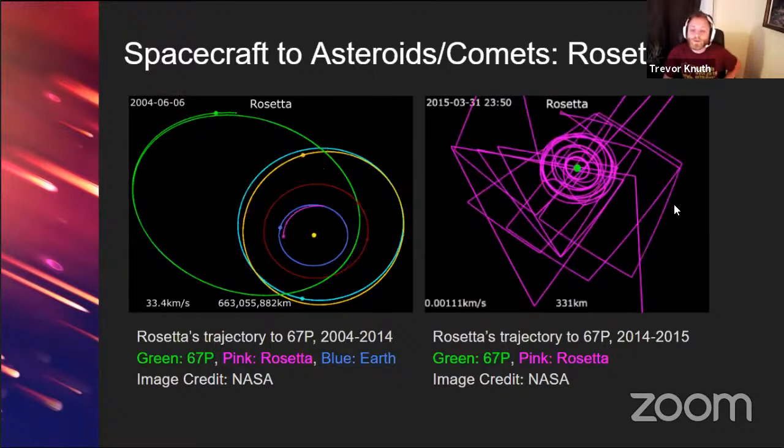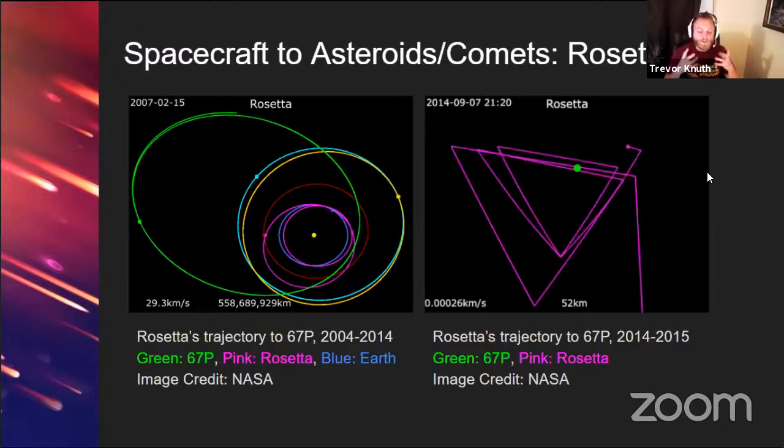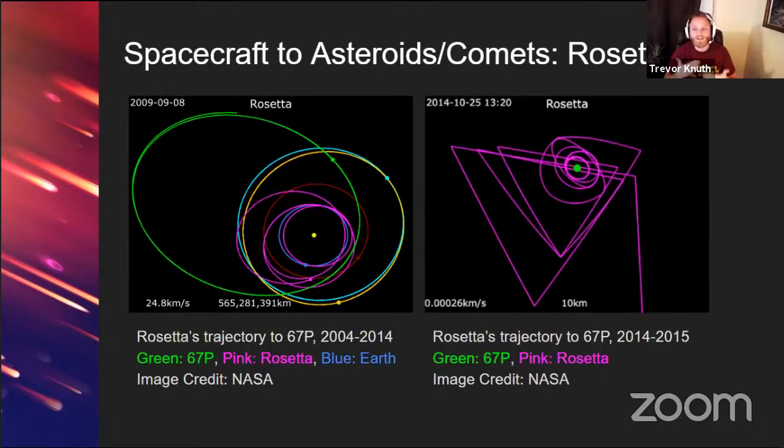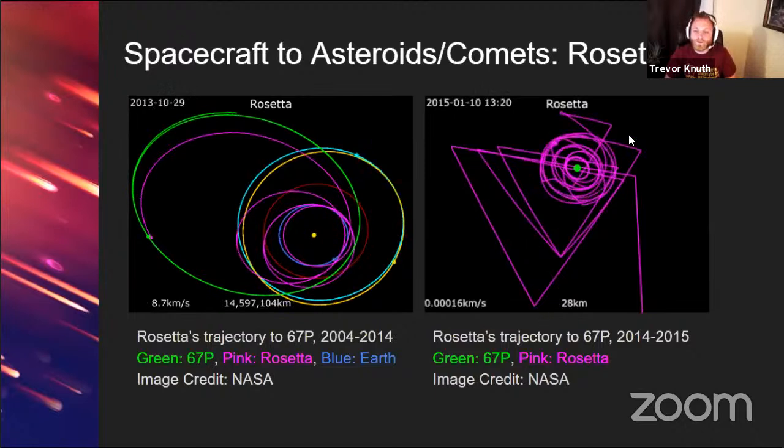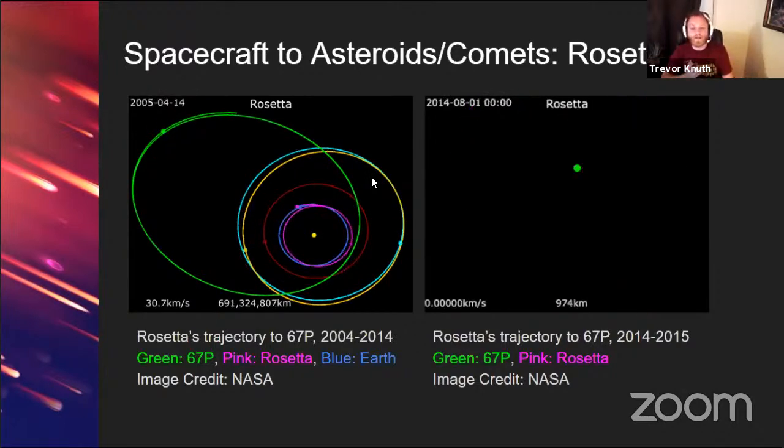As it approached the object, because these are, again, not super massive things like planets, you have to use things like propulsion to control the orbit around the object. So you got these really weird things where it released those jets, got really close and did its orbit and tried to get to all these different angles, to see the object in every way that it can.